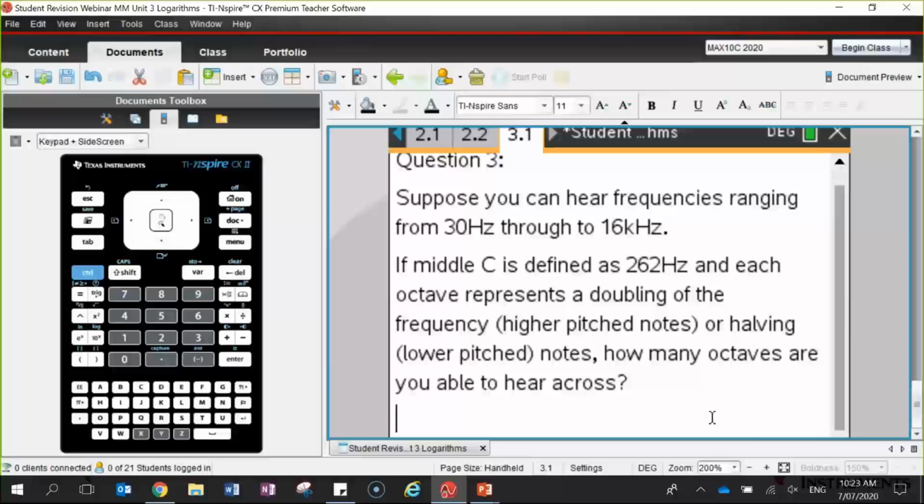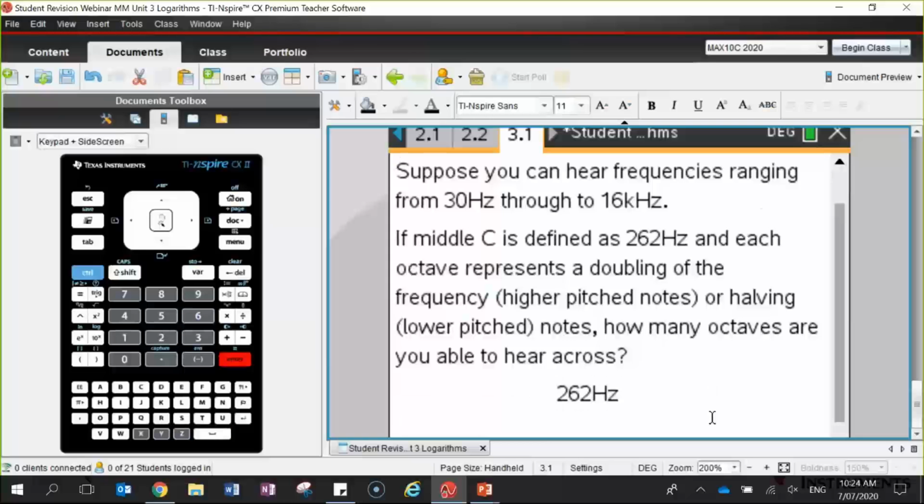The first thing I do is say, well, okay, we know that middle C is 262 hertz. So a bit of rough note taking. If you can imagine, I would be handwriting this, not writing it on my calculator. But I'm starting with 262 hertz.